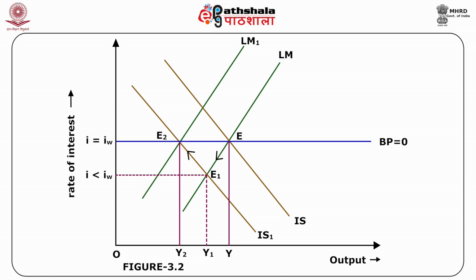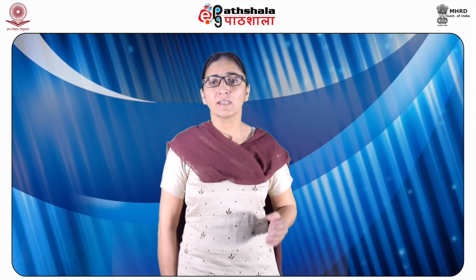In this process, the trade balance situation will improve, but the new equilibrium output would be below the original level. From this discussion, we can conclude that the fiscal policy is very effective under perfect capital mobility and fixed exchange rate, as this leads to output expansion when there is a fiscal expansion.